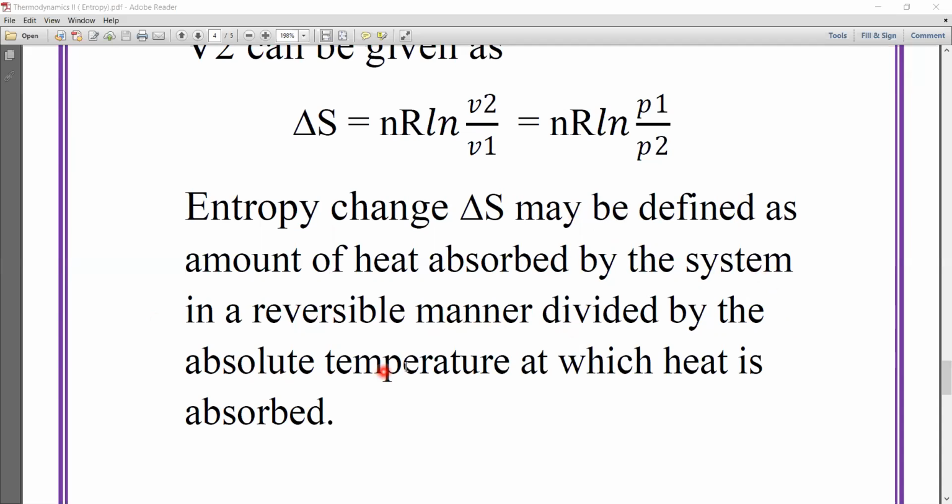Divided by T था वहां पर, इसलिए T यानी क्या है? Absolute temperature. So divided by the absolute temperature at which heat is absorbed. So this is the definition of entropy.